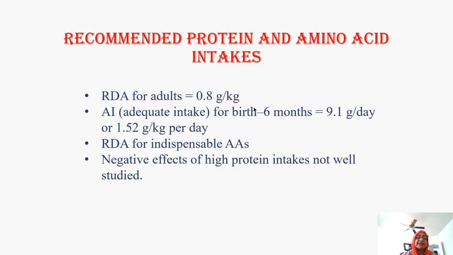This number varies dramatically, okay? So definitely the amount of proteins that you need is different from the amount of proteins that I need, okay? So it depends on the physical activity, health conditions, weight, gender.